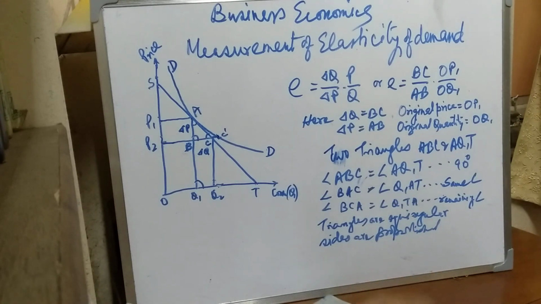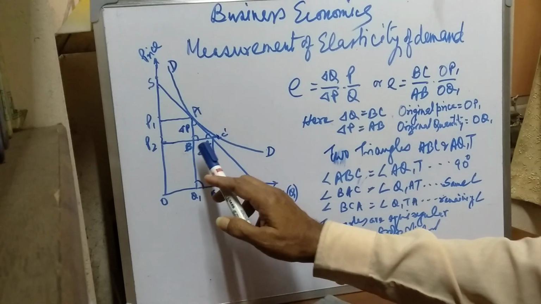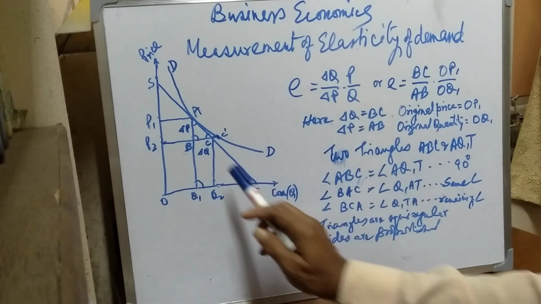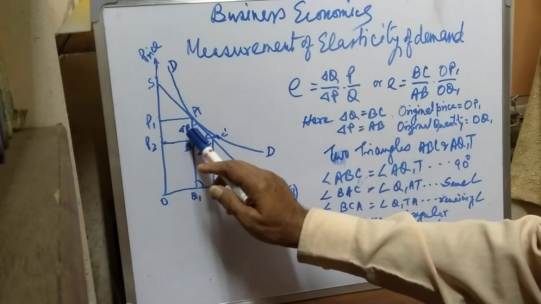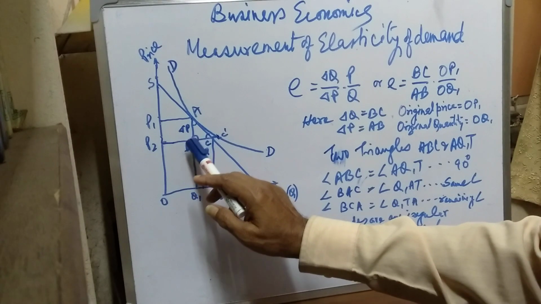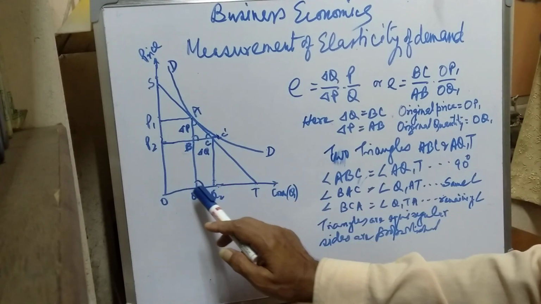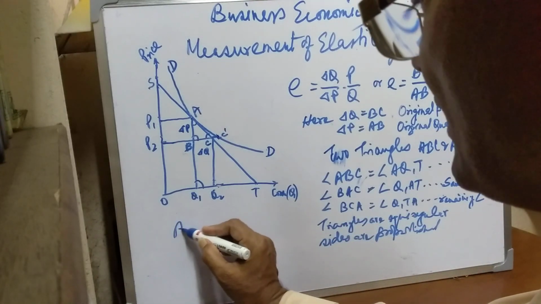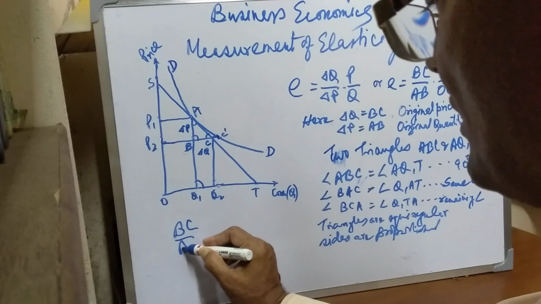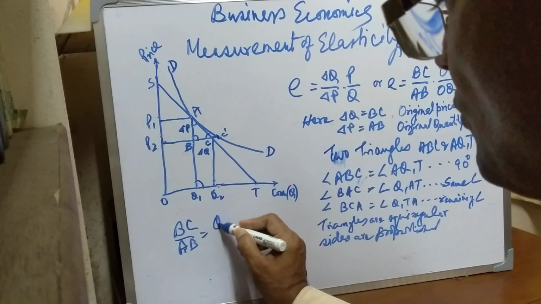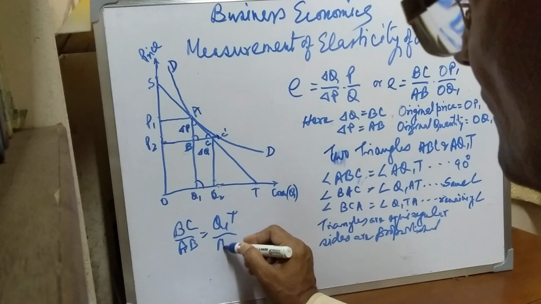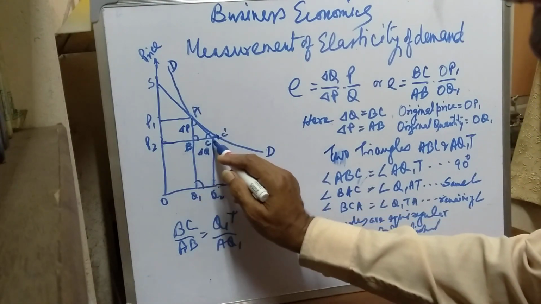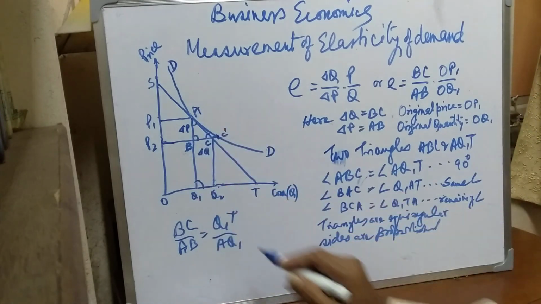So we can discuss according to the geometrical proof: as sides are proportional, BC by AB will be equal to Q1T by AQ1, base by vertical equal to base by vertical.